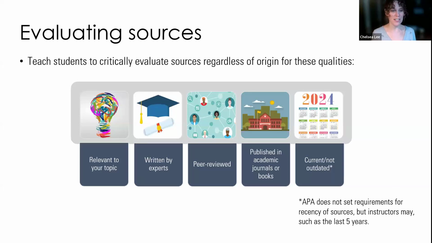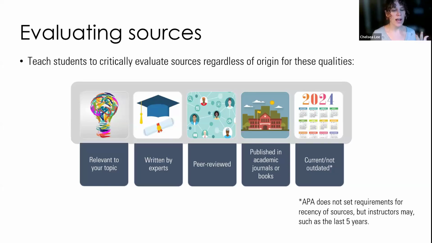Depending on your assignment, it's going to be different, but the goal of evaluating whether what they've selected is useful or not can be broken down into these five qualities. First, having students evaluate whether the work is relevant to the topic that they're researching, because sometimes it seems like it'll be relevant, but it's not. Then evaluating whether the source has been written by experts, and how can you tell?